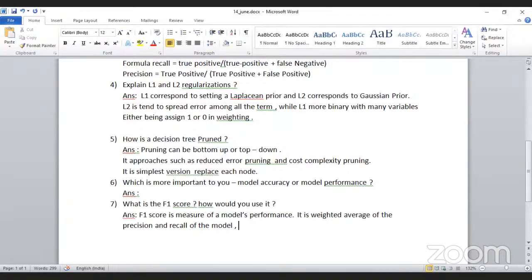We can say if it is 1, then it is a good model.